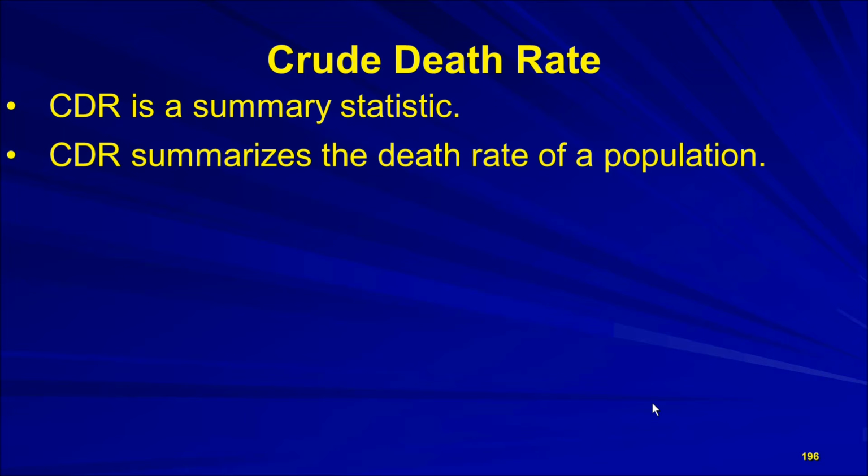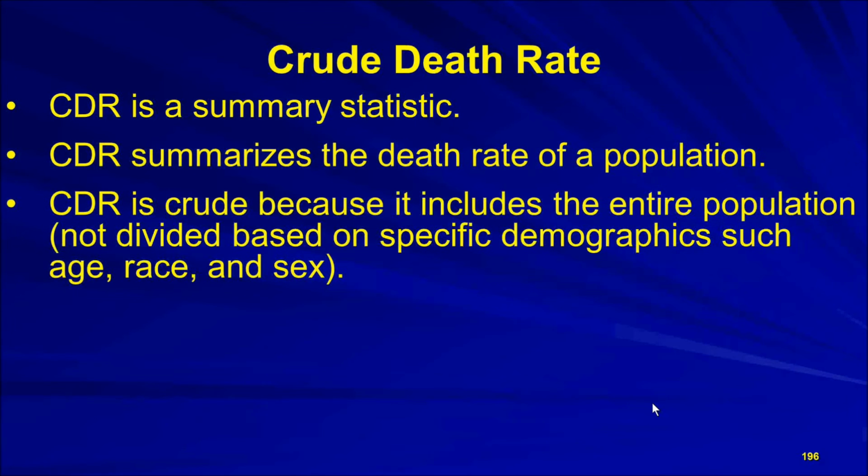Okay, it's a summary statistic. It looks at the death rate of a population. It's crude because it includes the entire population. We don't fractionate it in any way. You know the definition of a rate: what's considered in the numerator is taken from the denominator.